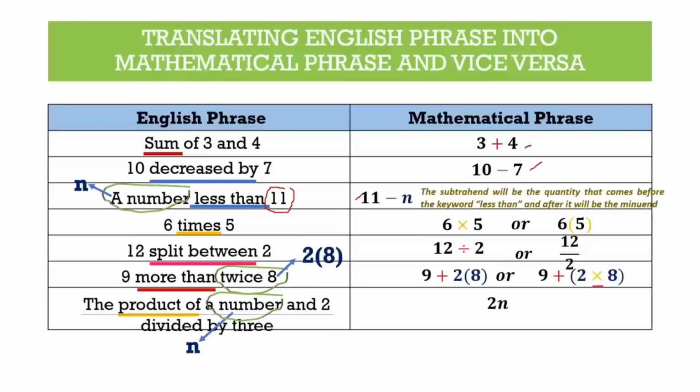When we do that, we can write that as 2n, or 2 times n, or 2 parentheses n. But since it is a number and a letter, we just write it as 2n. Divided by 3, it means that we can write it in a fraction, so 2n over 3, or simply 2n divided by 3.